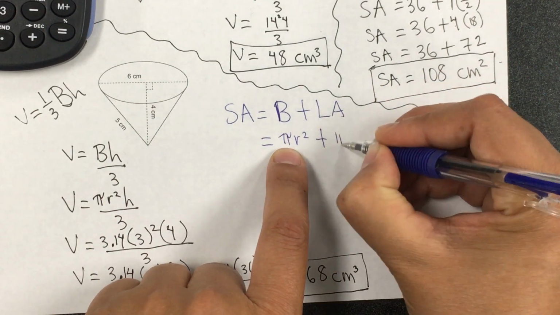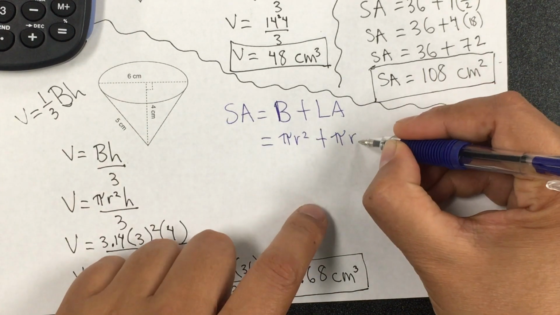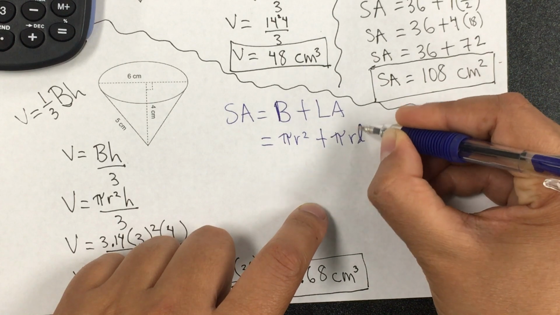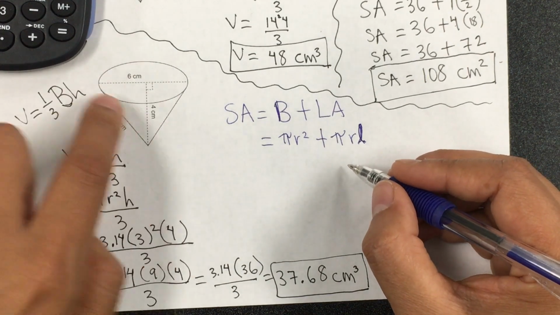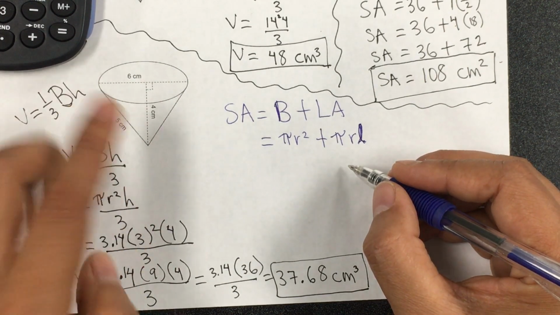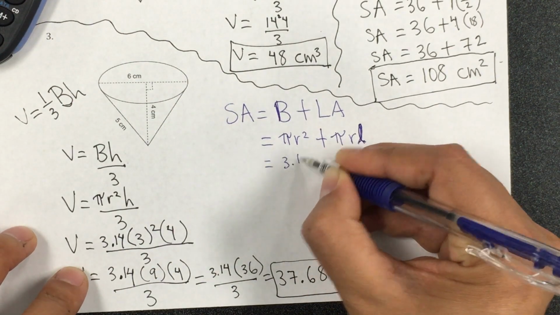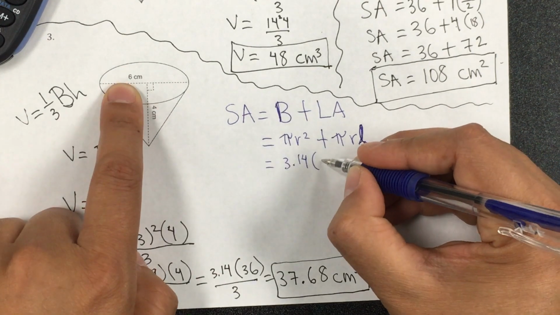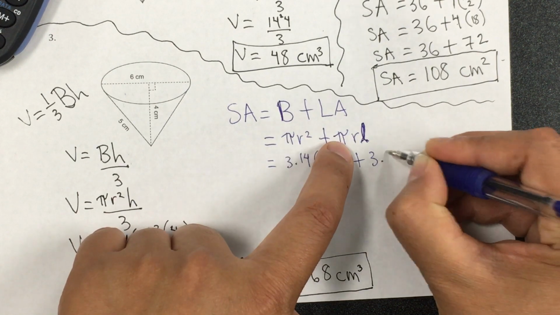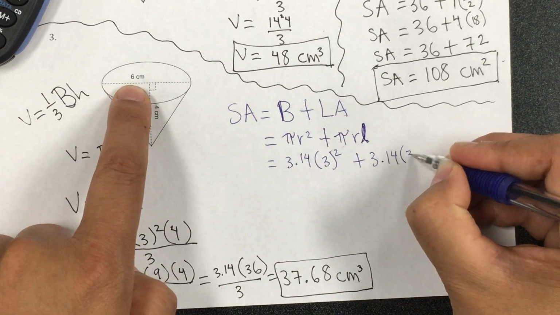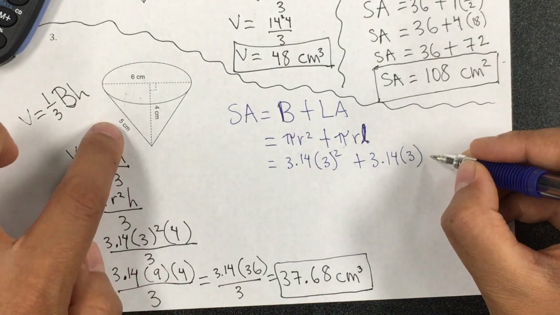It's pi times 1 radius only, and times what they call the slanted side, but they represent it with an L. The slanted side is not the height, it's actually this height that is kind of tilted, okay? So pi is 3.14 times the radius, which we already said is 3, squared, plus 3.14 times the radius, which is 3, times the slanted side, which is 5.